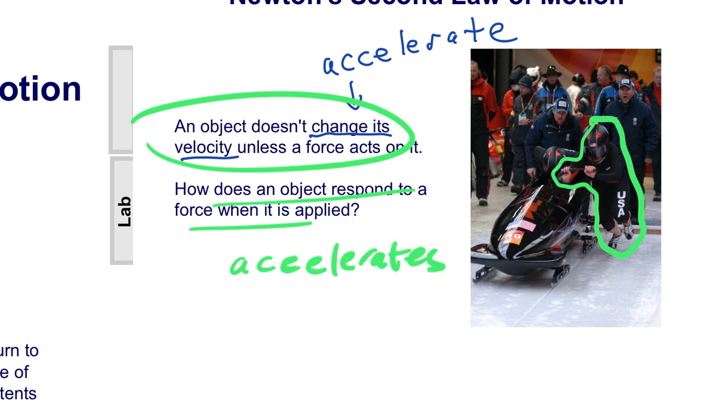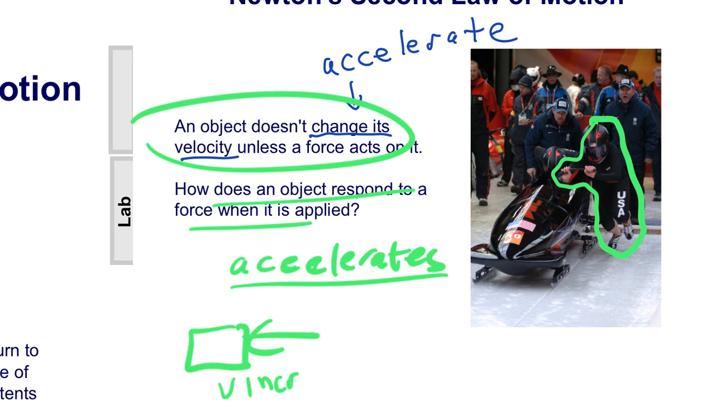Acceleration could be slowing down or speeding up, depending on the direction of the force. So in this case, the sled is moving with a net force like that, the sled will accelerate in that direction to the left, and the speed will increase.